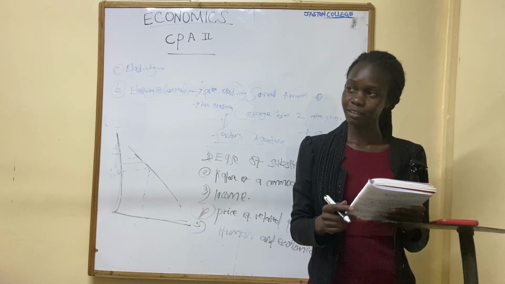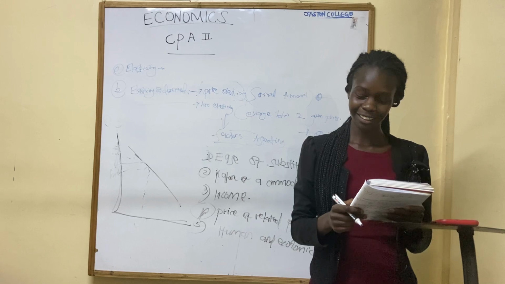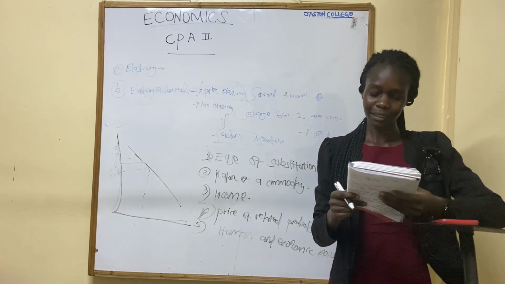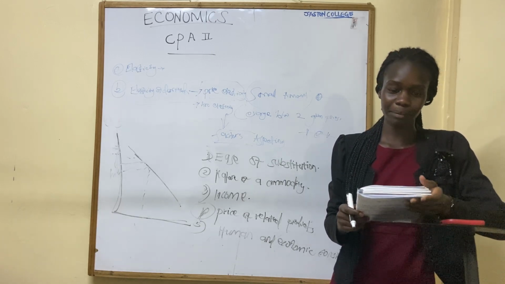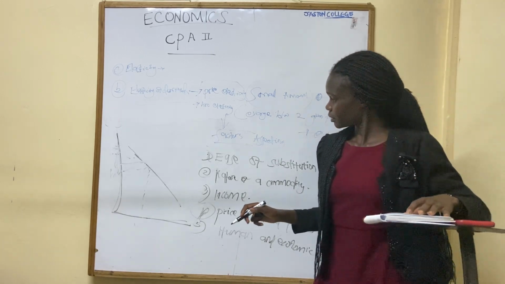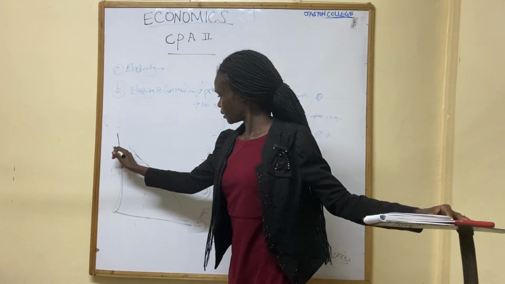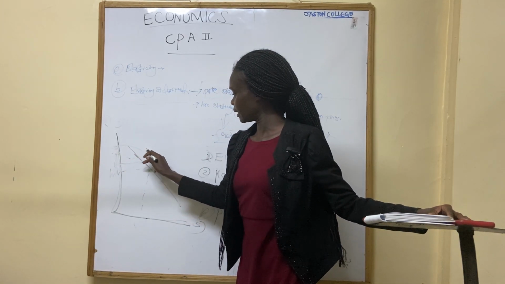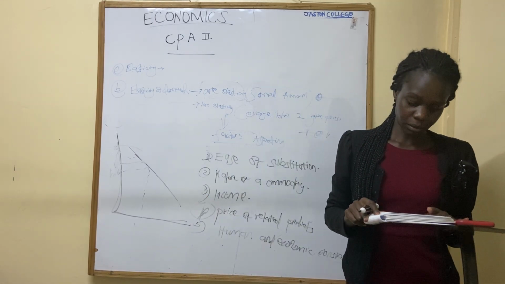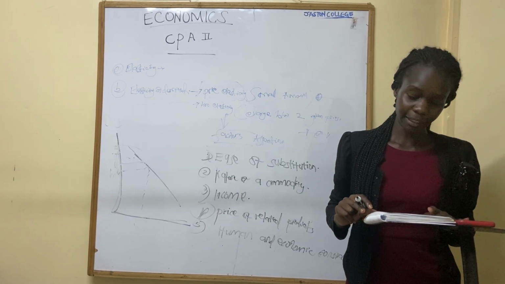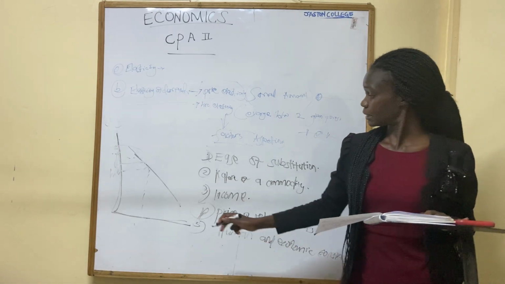Customers are prepared to buy all the goods they can obtain at the same price given. So in this case, when the price changes, consumers are likely to purchase goods at a given price. And that comes to the end of the straight line demand curve.